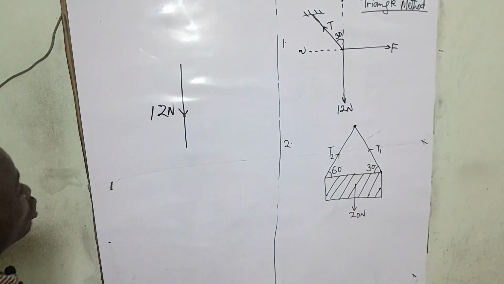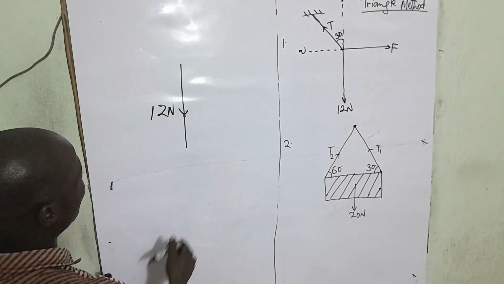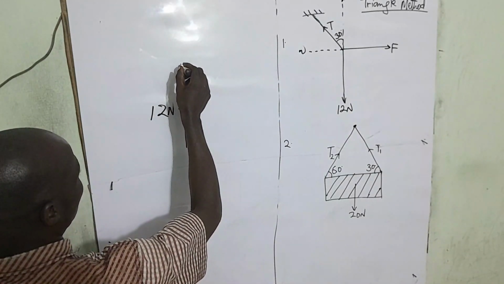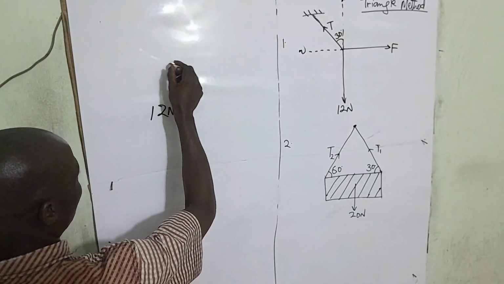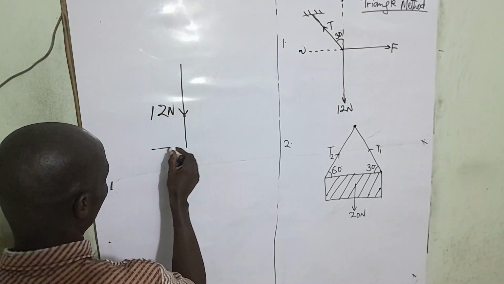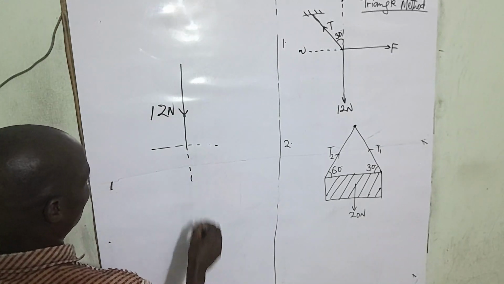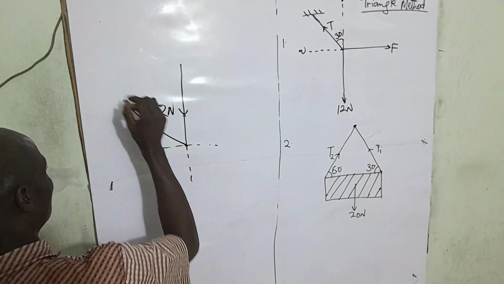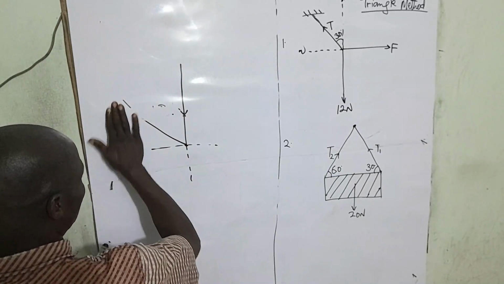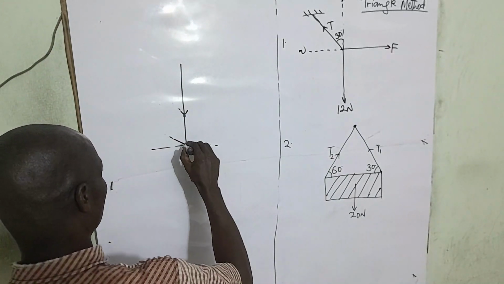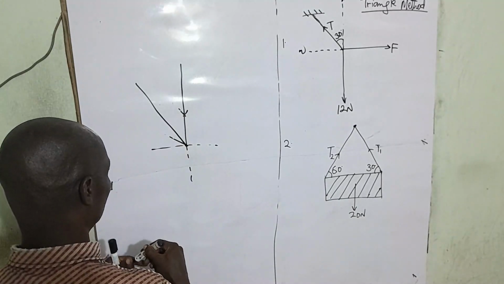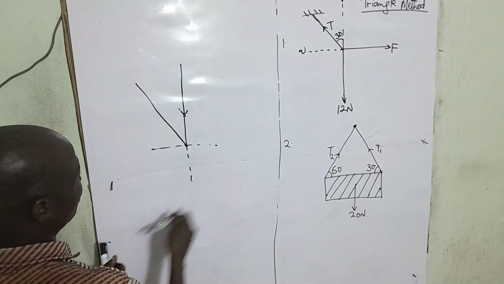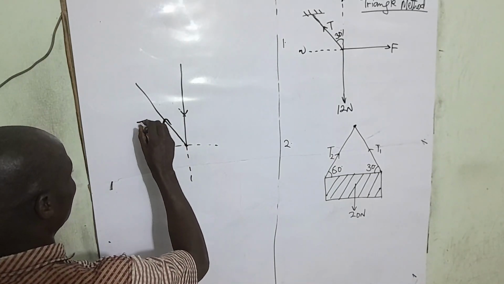Since the force is acting downward, we are going to look at it this way. Northwest, okay? This is north, this is west. So our force is going to be this way, northwest. This is going to be our T.